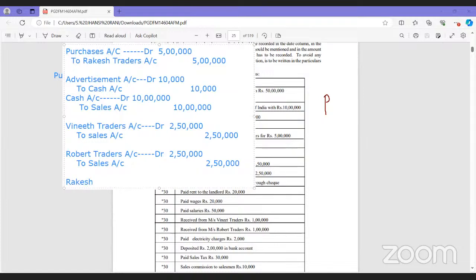Rakesh is the receiver. So Rakesh Traders account debit. The amount we are paying is 2 lakhs. How are we paying? Through cheque. So to bank account, and the amount is 2 lakhs.